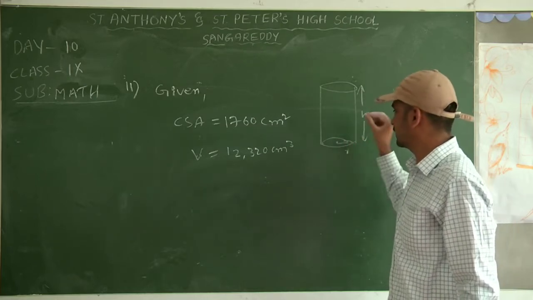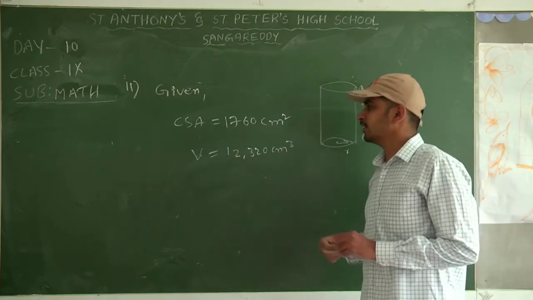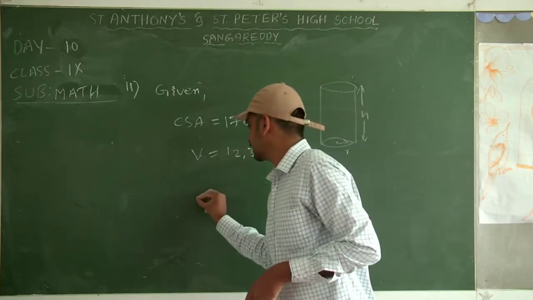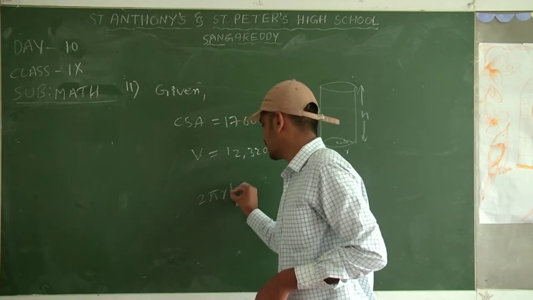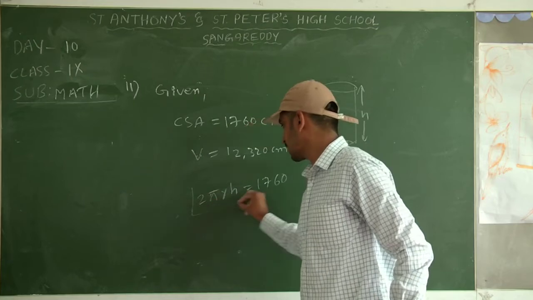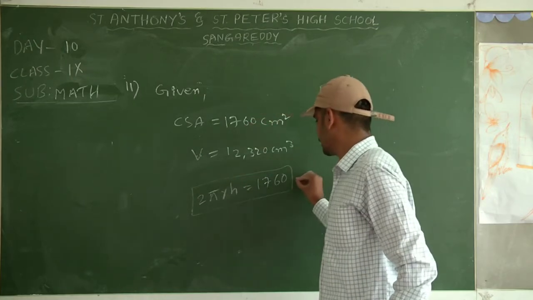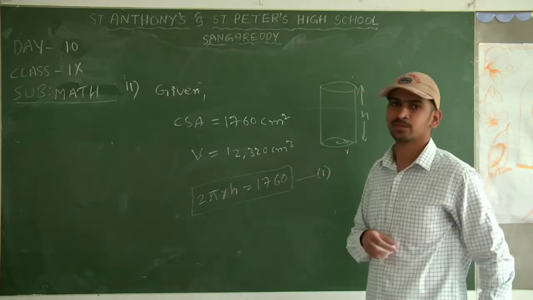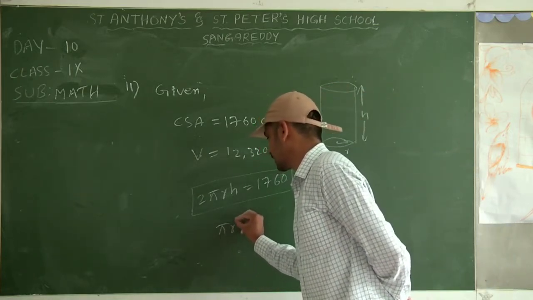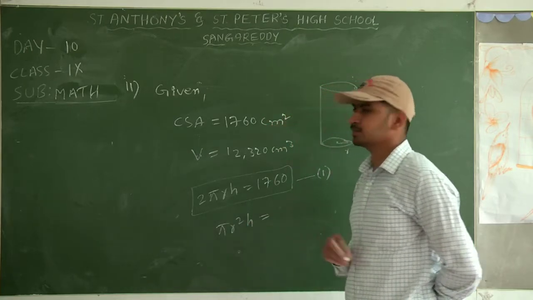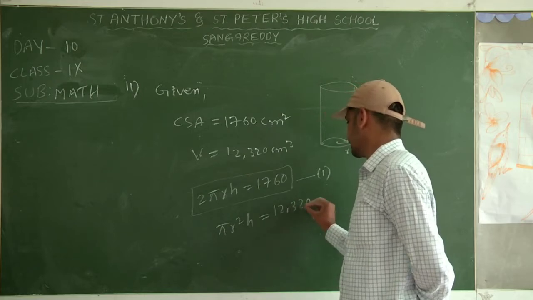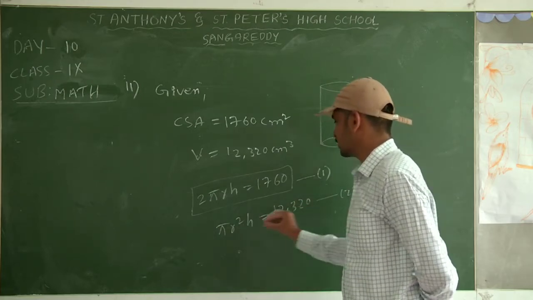So the radius is unknown, and CSA and volume are given. First I want to write the formula for CSA. CSA 2 pi RH equals 1760. This is equation number 1. Next, equation number 2: volume pi r square h equals 12,320.